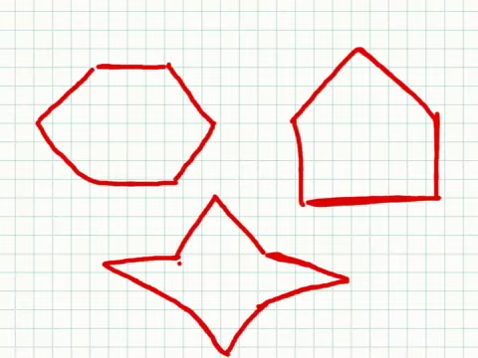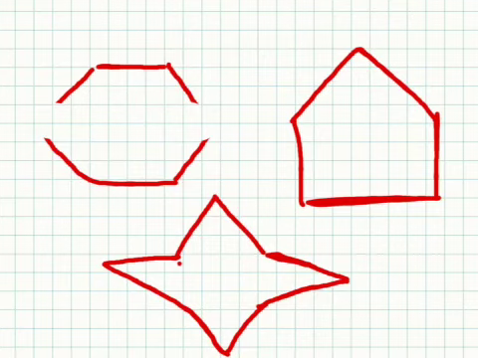I have some figures that I have drawn here. And let's see what we can do to these figures to separate them. First, I have a hexagon. If I separate it here, I will have two trapezoids. Oops, I wish I wouldn't get rid of my hexagon.